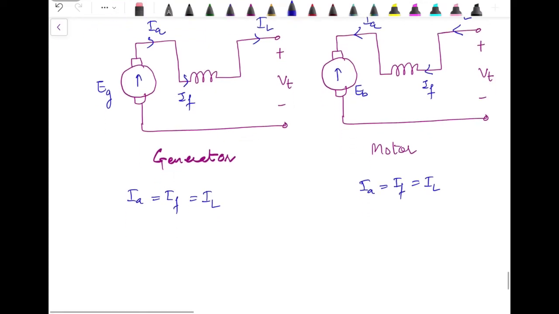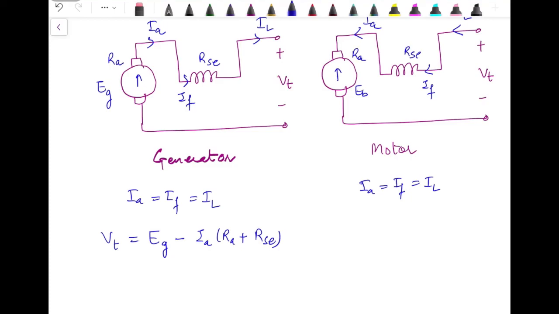The voltage balance equation is changed with a little modification: VT will be equal to EG minus IA into RA plus RSC, where RSC is the series field winding resistance and RA is the armature resistance.